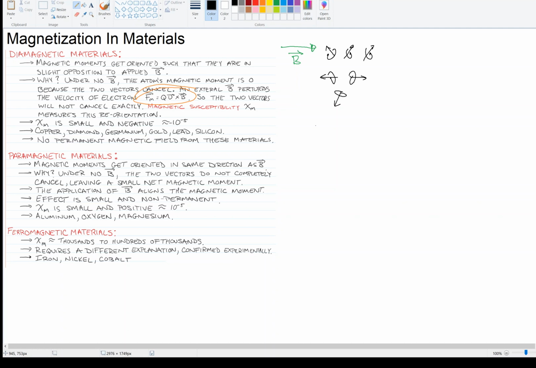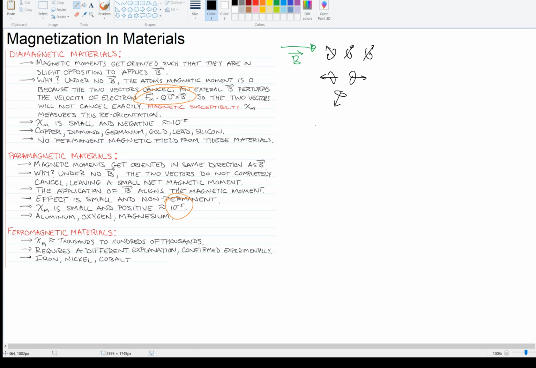So when you apply a B field externally, this has the effect of aligning these magnetic moments. This effect is small, and it's not permanent. So chi m is small in magnitude, and it is positive, around, let's say, 10 to the minus 5. Some example materials here would be aluminum, oxygen, and magnesium.